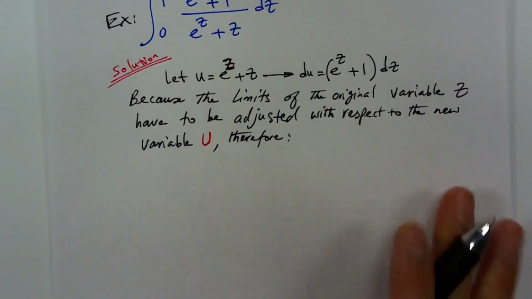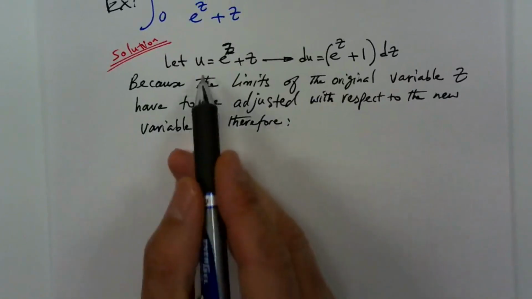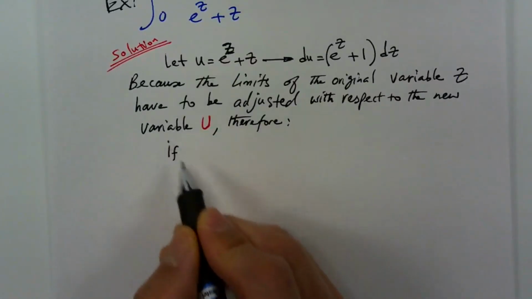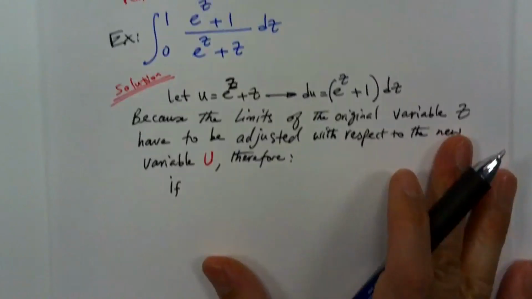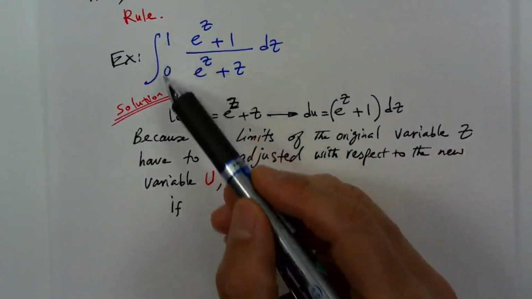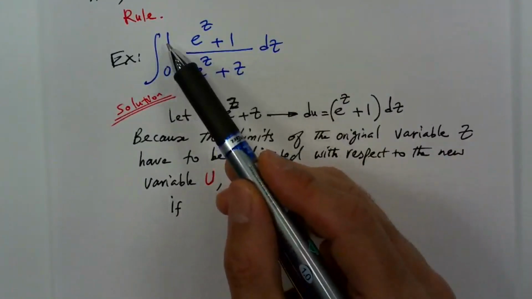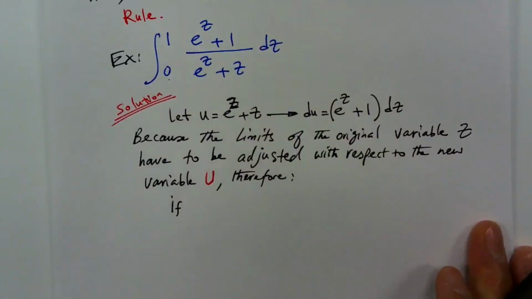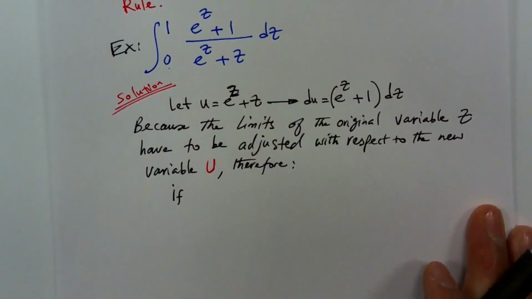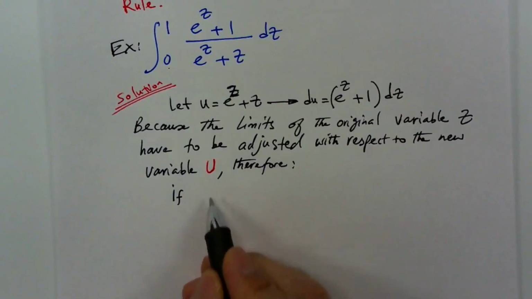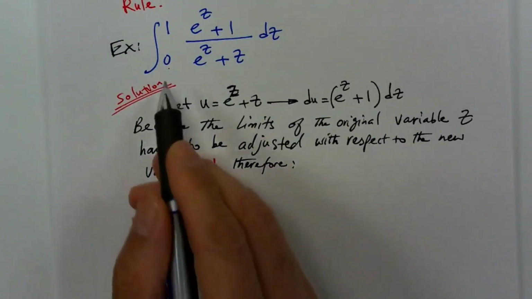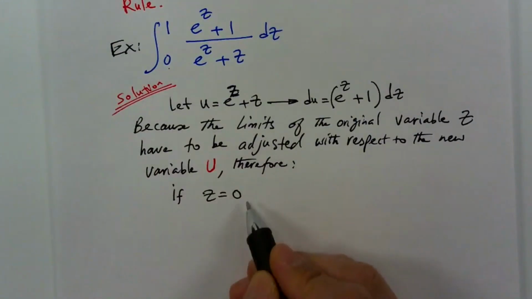Because we have z, the limits of z are from 0 to 1. Let's start with the lower limit of integration.